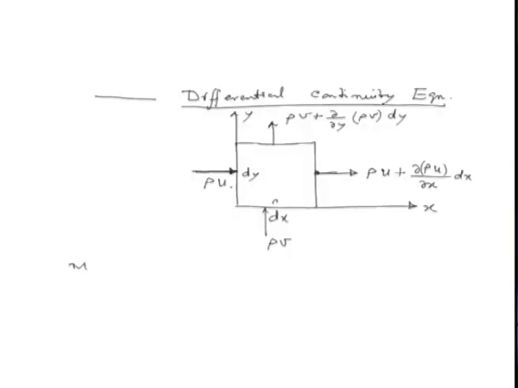So what is the mass flow which enters from the left plane? So mass flow entering this control volume from negative x plane is nothing but rho into u, and the area of this plane is dy dz.